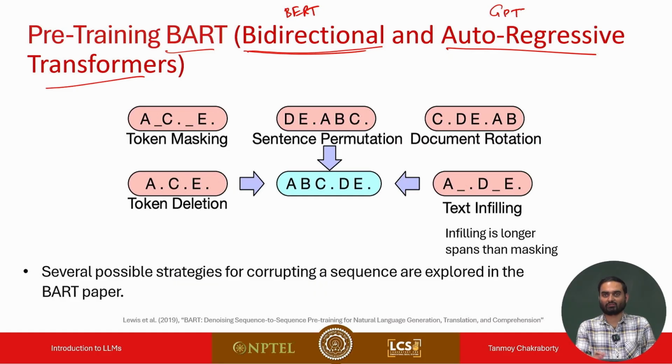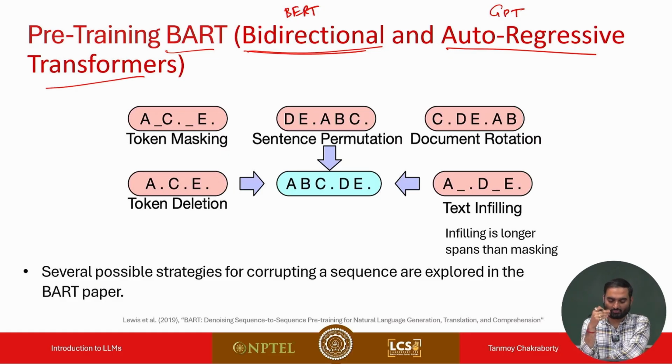So it leverages both schools. And remember, we should be able to use unlabeled data. So what is the idea here? Given an input sentence, you corrupt that input, you inject noise into that input, and you ask the model to predict the right, the correct sentence.